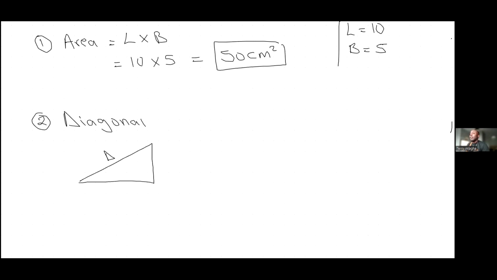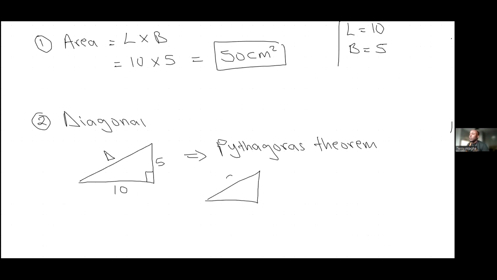We have 10 and 5, and you can see it's a right angle. So we're going to use Pythagoras' theorem. I talked about Pythagoras in the previous video. So we have it like this: C is the longest side, then you have A and B, and it's a right angle.